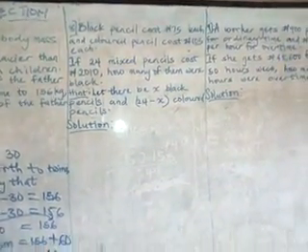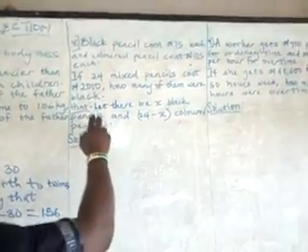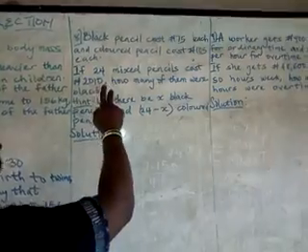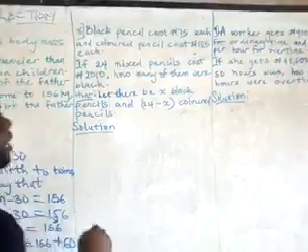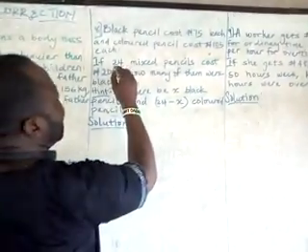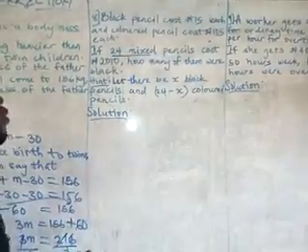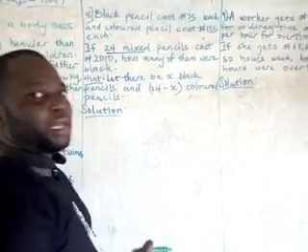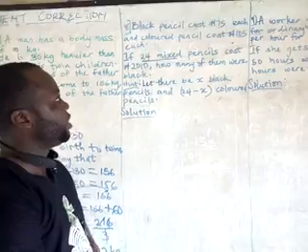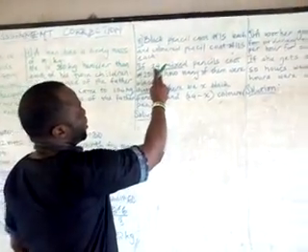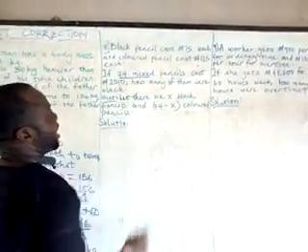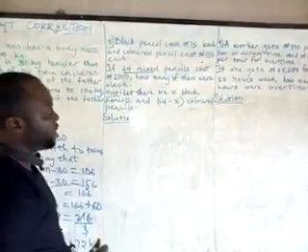But at the same time, you were told from the question that there are 24 mixed pencils, and these 24 mixed pencils mean a combination of colored and black. I want to believe you are getting me now. It means a combination of colored and black makes up these 24 mixed pencils.